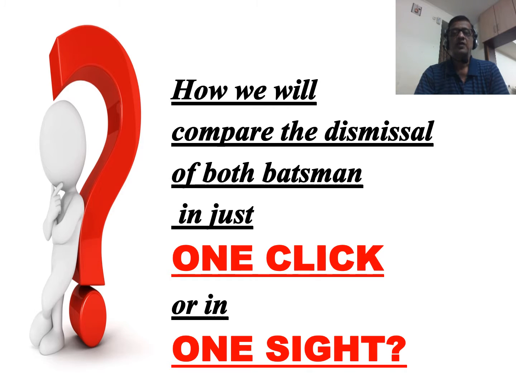Listen to the question very carefully. You observe the dismissal of batsmen by using a simple bar graph. The graphs are separate. The question is how will we compare the dismissal of both batsmen in just one click or in one site.